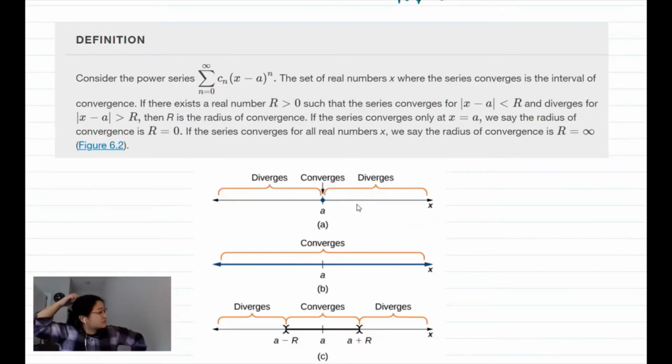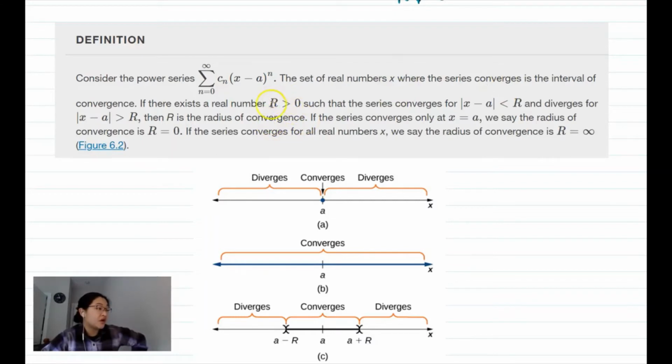So this is just another look at pretty much the same thing we were just talking about. We have our power series, and the x values where our series converges are our interval of convergence.